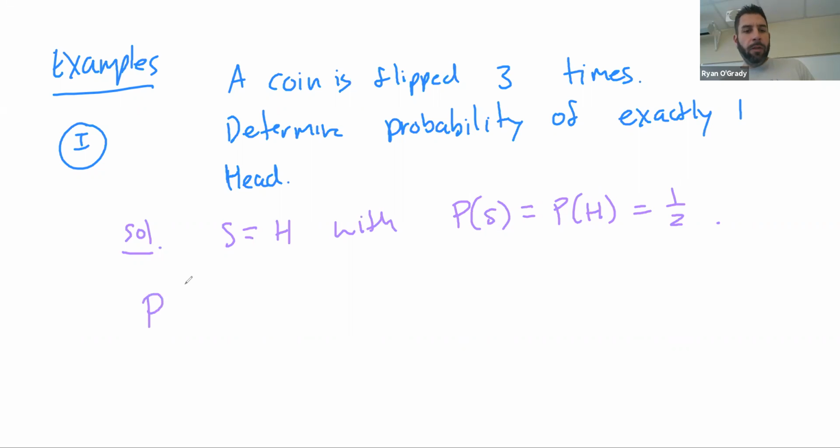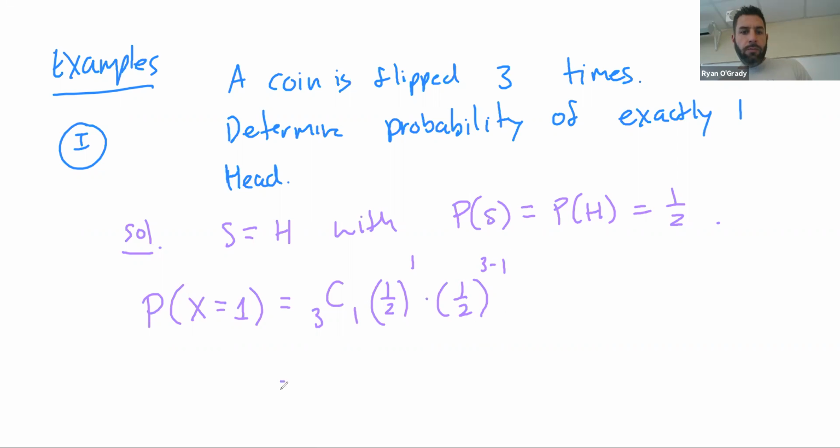And then the probability that I get exactly 1 head is 3 choose 1 times 1/2 to a power times 1/2 to the other power. So this is to the power 1, and this is to the power 3 minus 1.